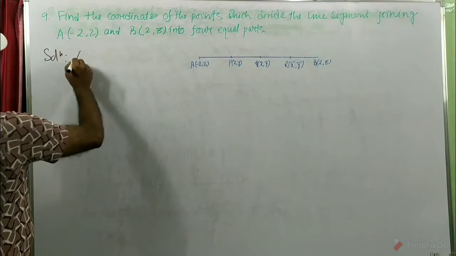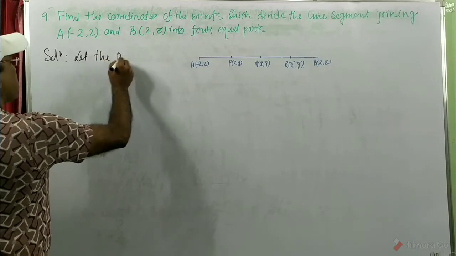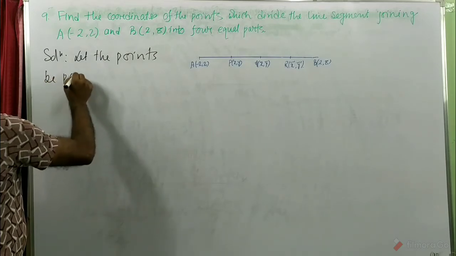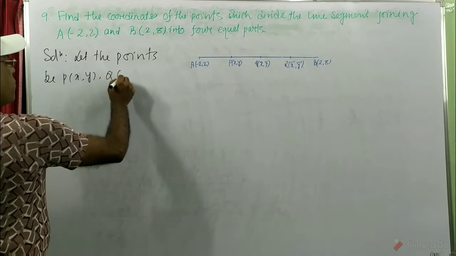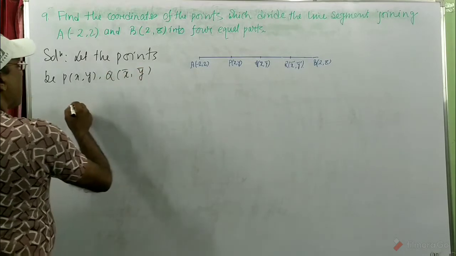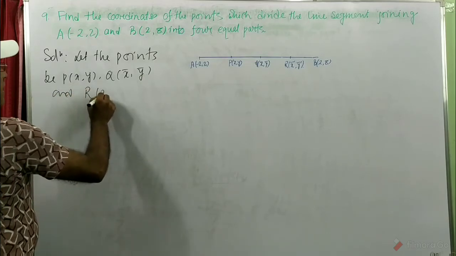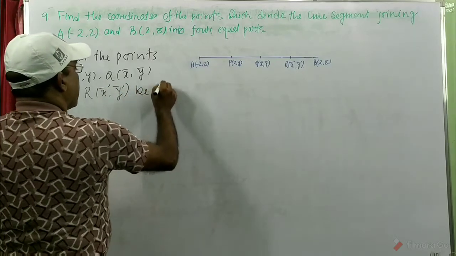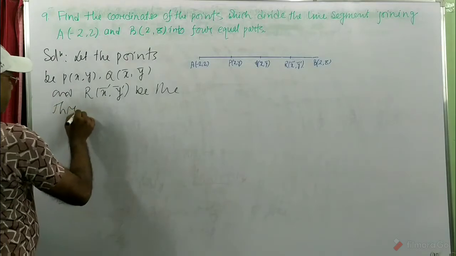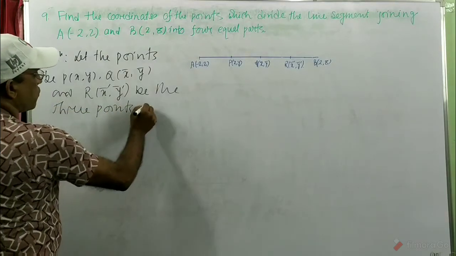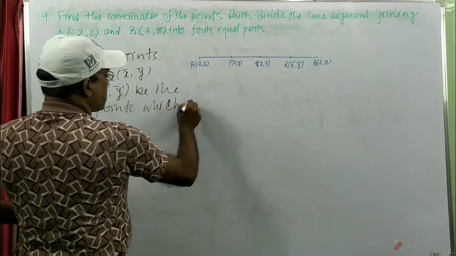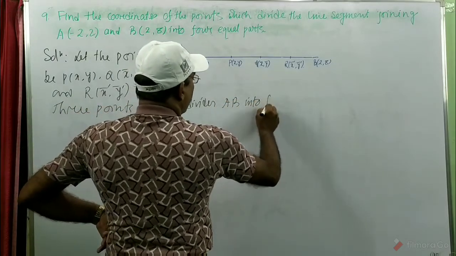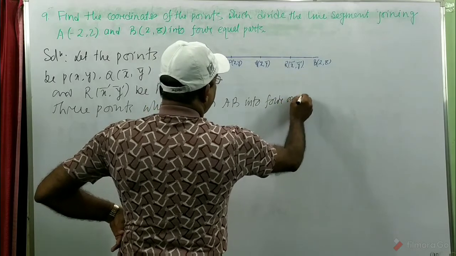Let the points be P x y, Q x bar y bar and R x bar dash y bar dash be the 3 points which divide AB into 4 equal parts.